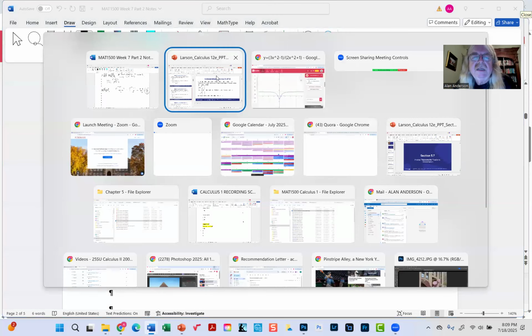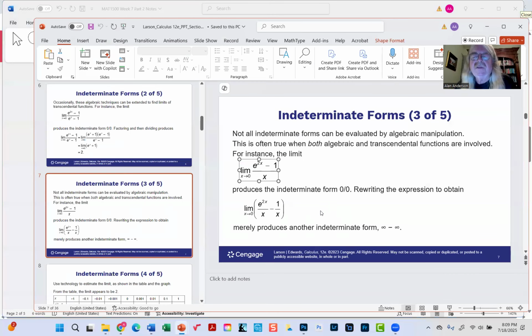Now, unless you can come up with some clever alternative strategy, it's probably easier to just go ahead with L'Hopital. Now that we know how it works, before we didn't know about it, so we had to just manipulate the limit until we found something that we can use. As soon as you see that you've got 0 over 0 or infinity over infinity, you might as well go ahead and use L'Hopital's rule because it's really very straightforward.